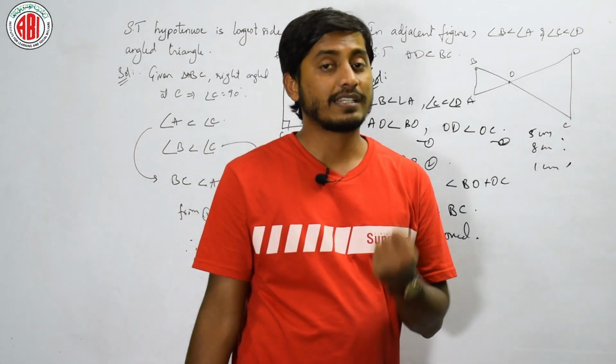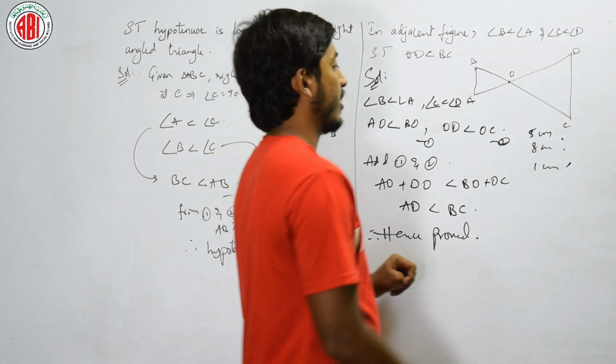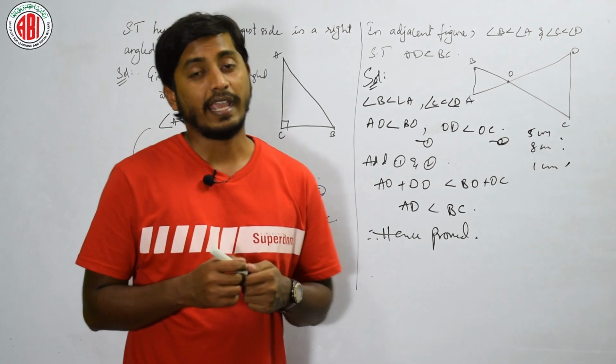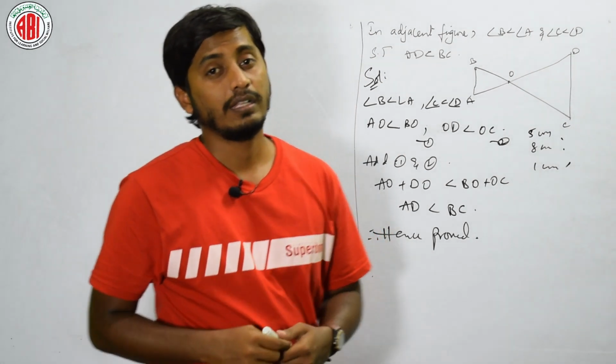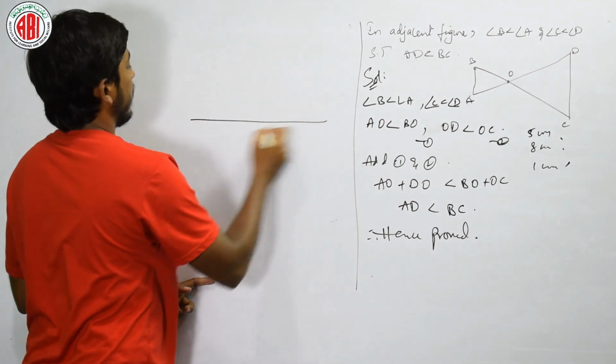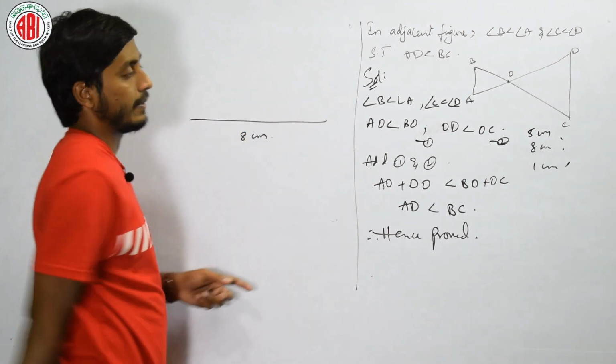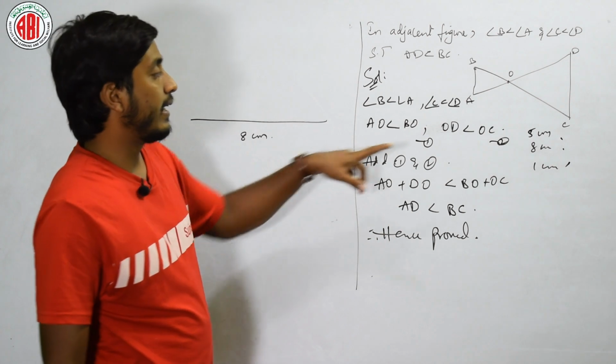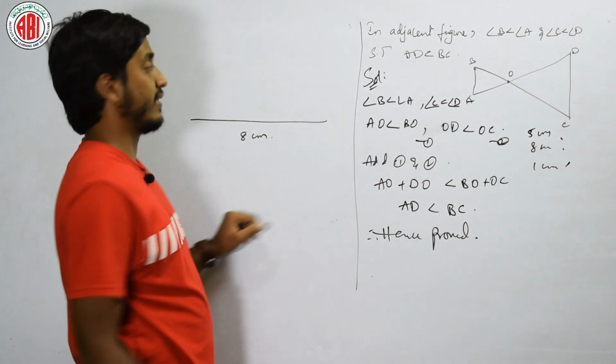Let us try to construct a triangle. How do we construct? Tell me. 5, 8 and 1. First we will draw the largest base. Let us draw an 8 centimeter base. Then I will try to draw 5 centimeters and 1 centimeter.